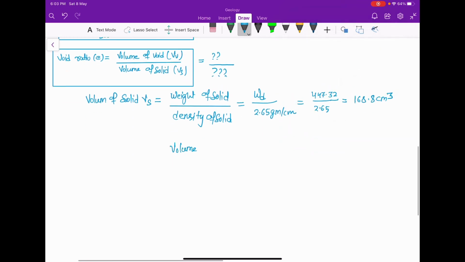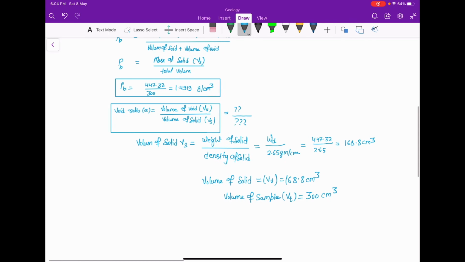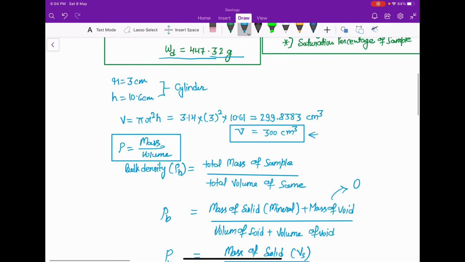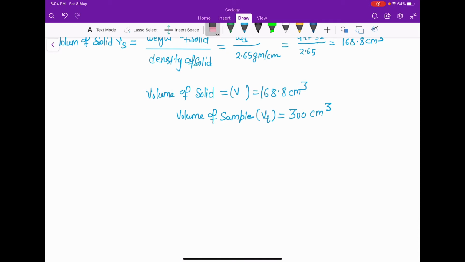So the volume of solid, Vs, is 168.8 centimeter cube, and the volume of the entire sample, VT, is equal to 300, which we calculated for the cylinder.